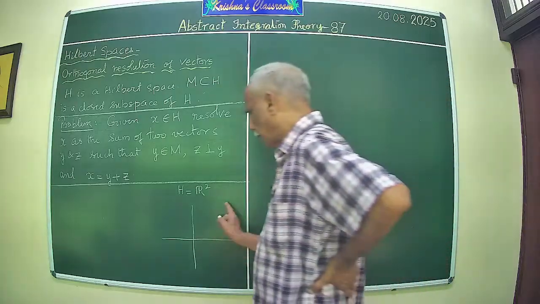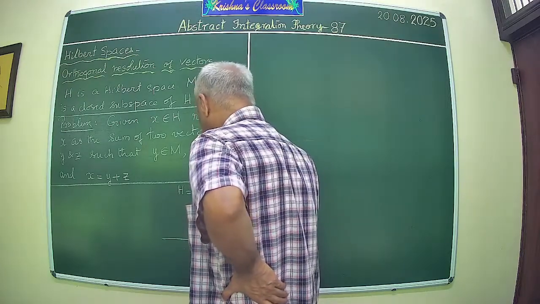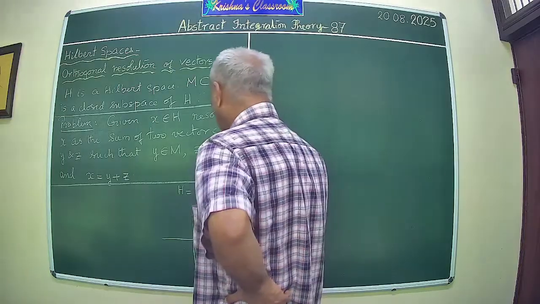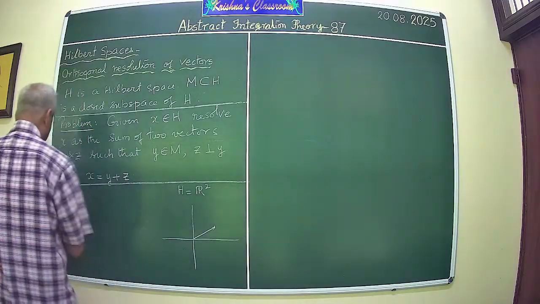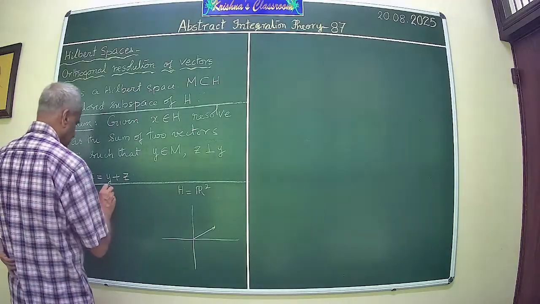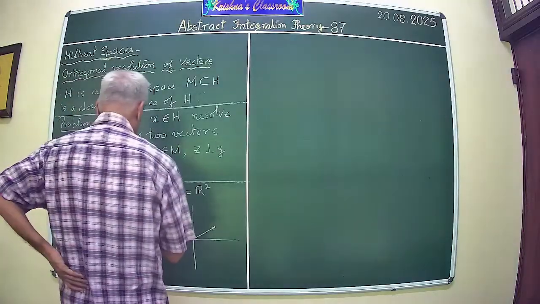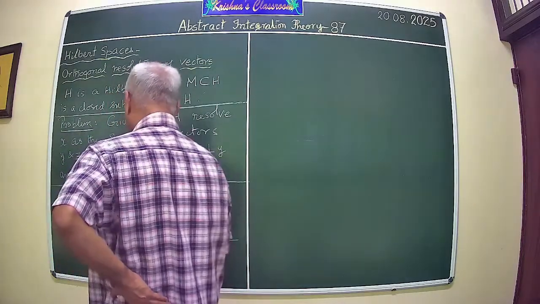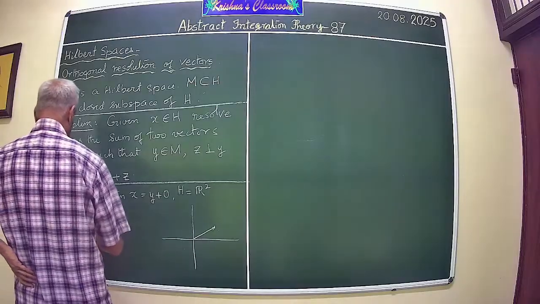If you take a given vector X, and M to be the whole space, then X equals Y plus 0, and you know that Z is equal to zero.